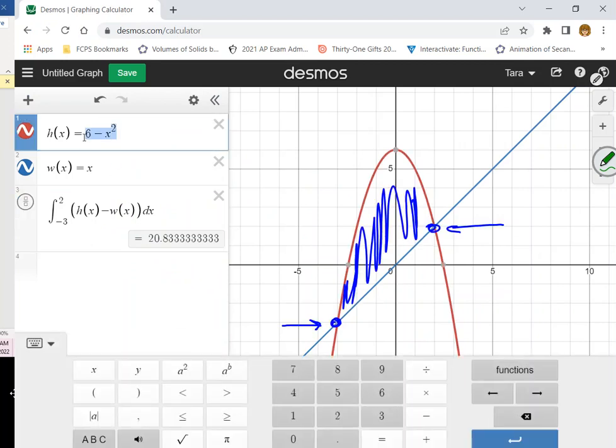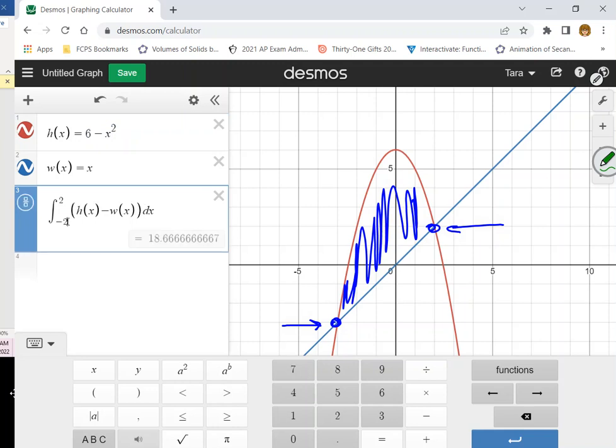The nice thing is, if you do some of these on Desmos, you can make sure you get things in the right place. You can use this setup. You have to make sure you line up what's on the top and what's on the bottom.